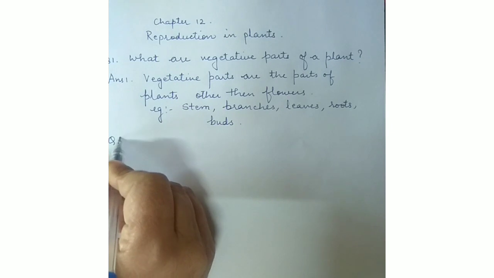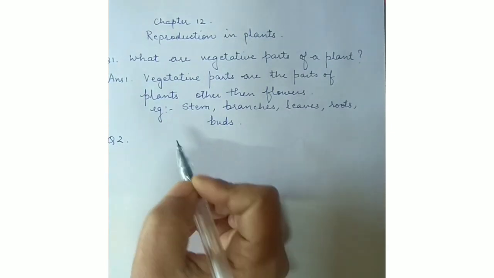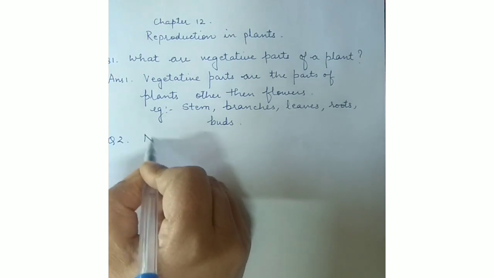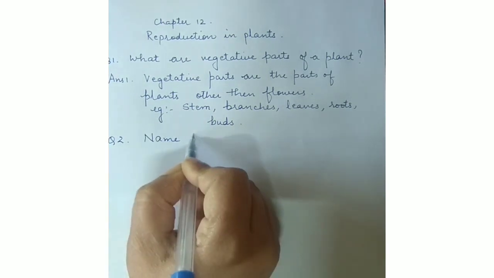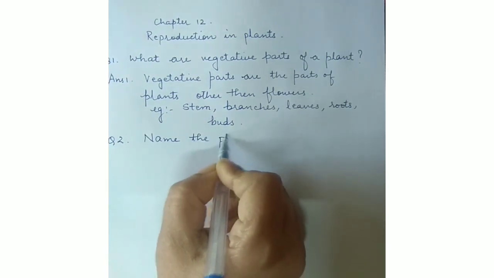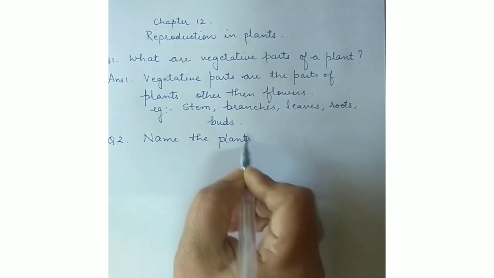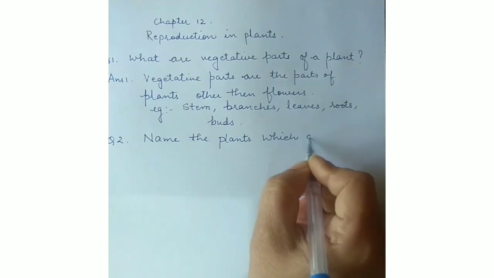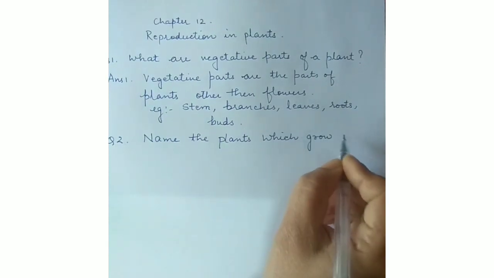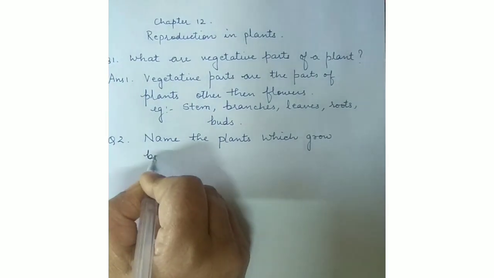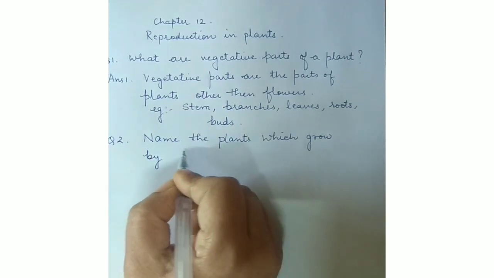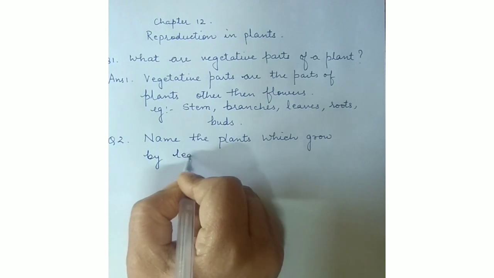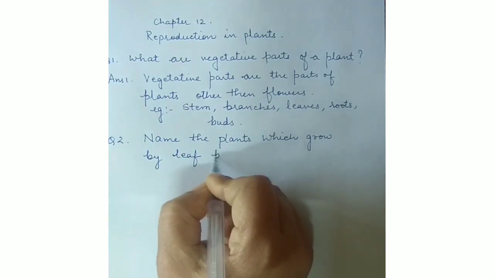Next, your question is question number 2, that is name the plant which grows by leaf buds.